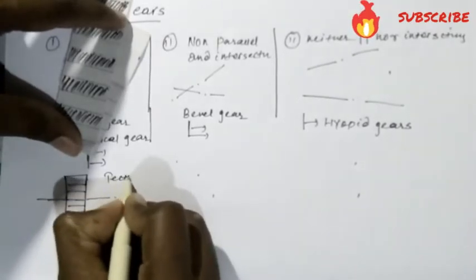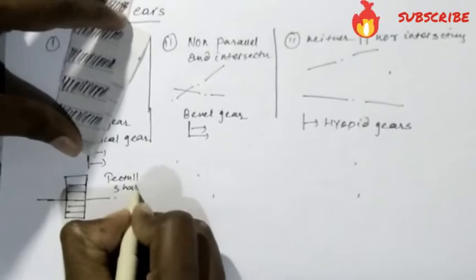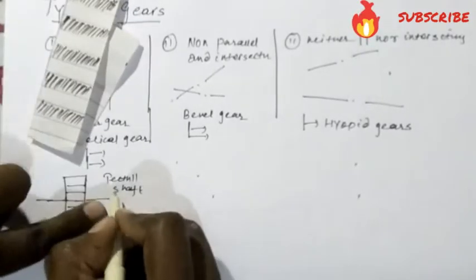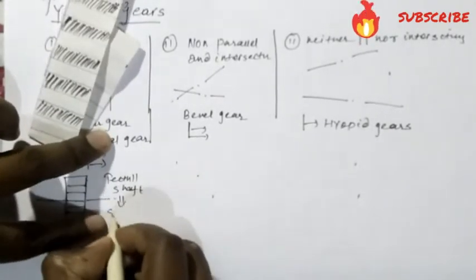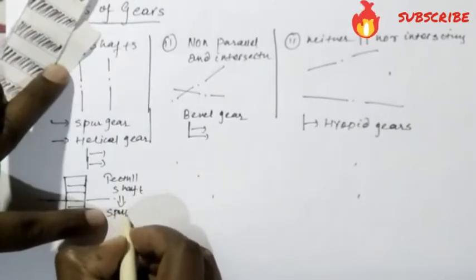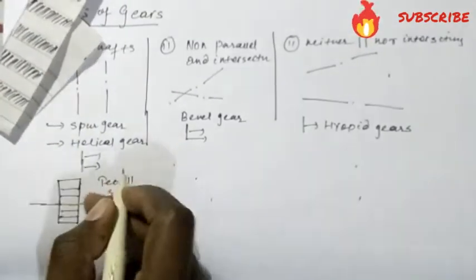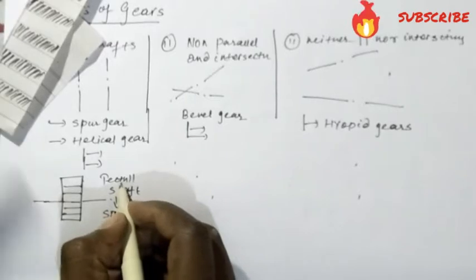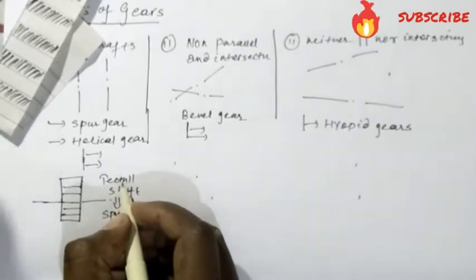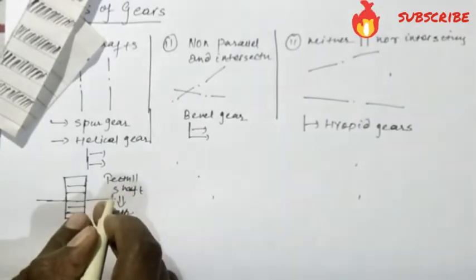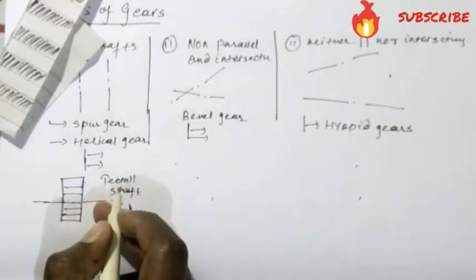Teeth are parallel to shaft. So such gears are given the name spur. Got it? Such gears whose teeth are always parallel to each other and parallel to the shaft are known as spur gear.